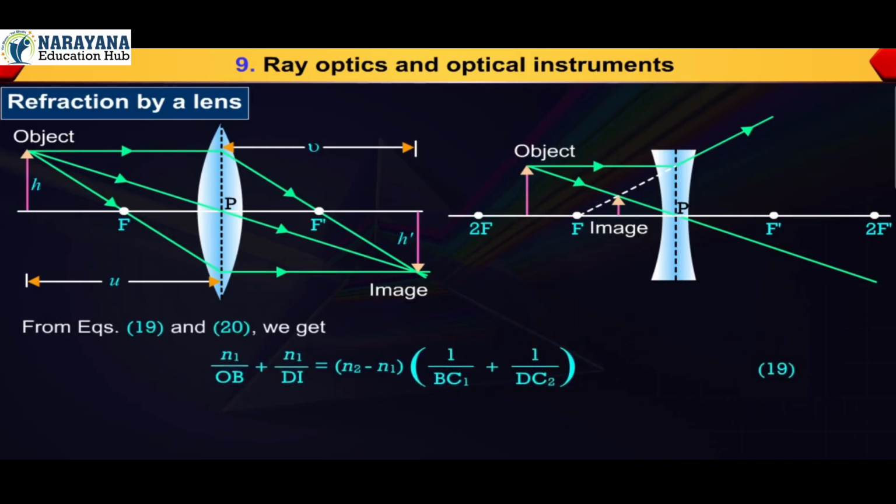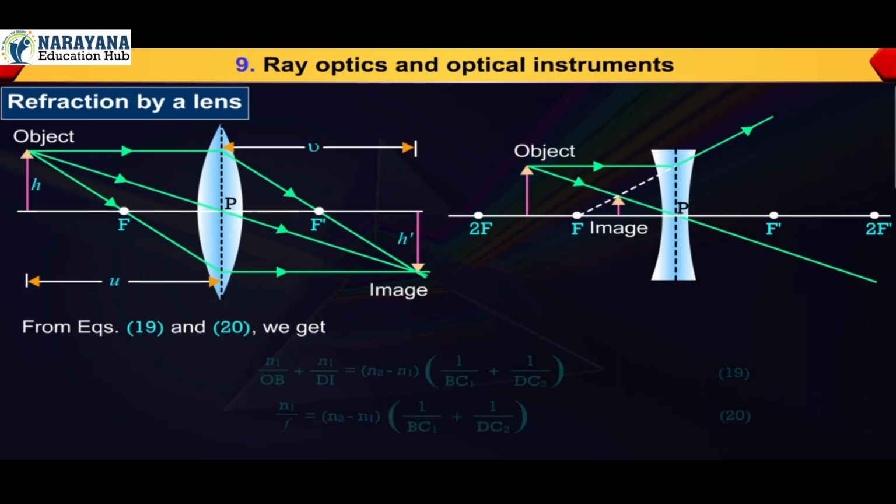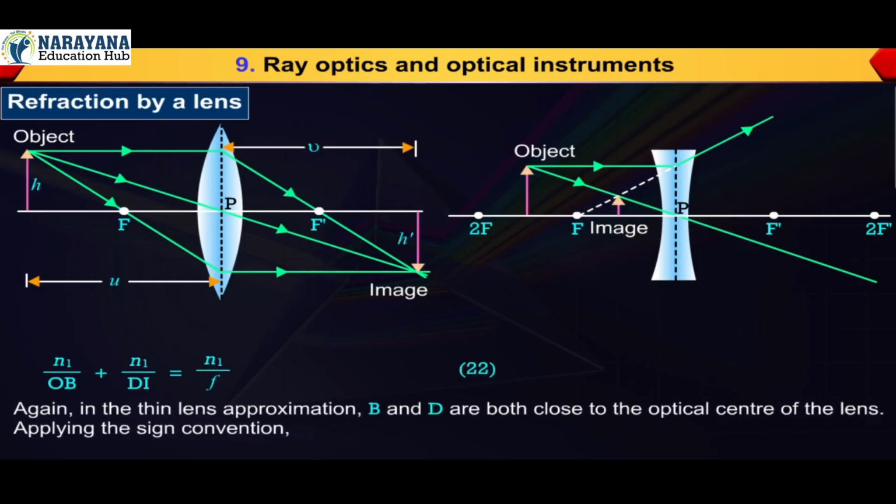From equations 19 and 20, we get n1 upon OB plus n1 upon DI is equal to n1 upon f. Equation 22. Again, in the thin lens approximation, B and D are both close to the optical center of the lens.